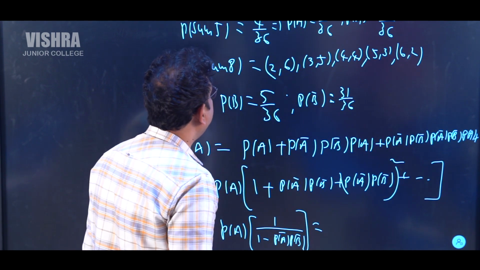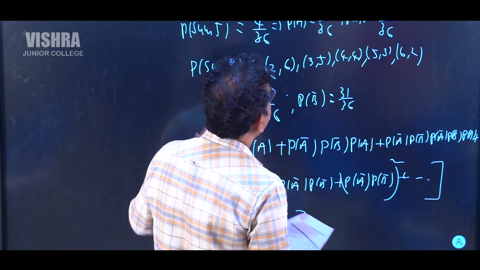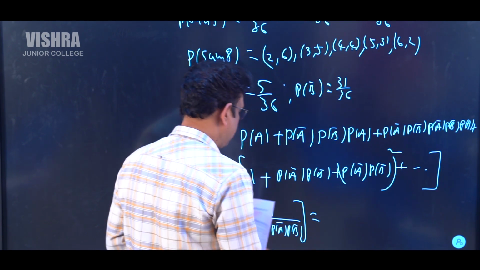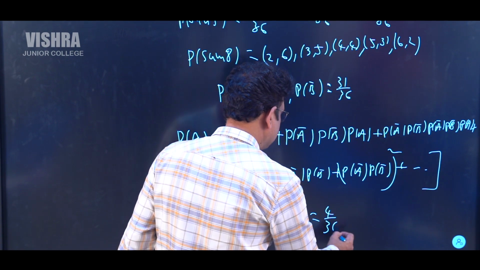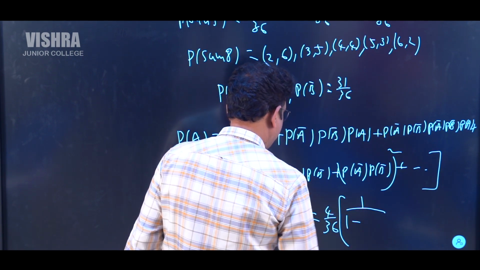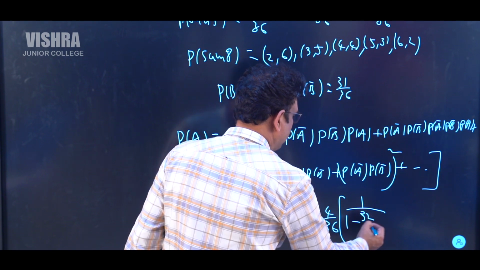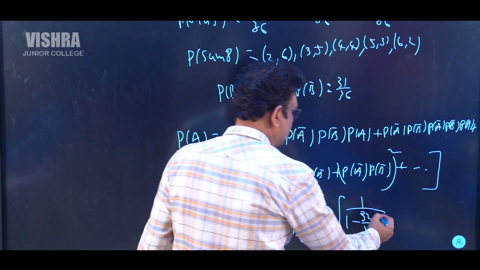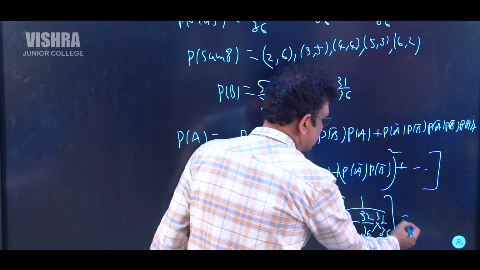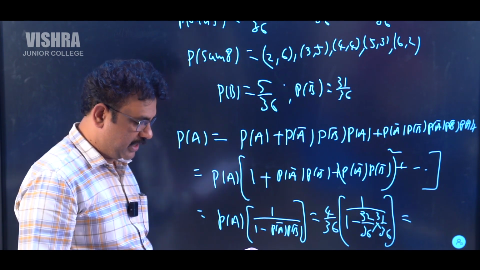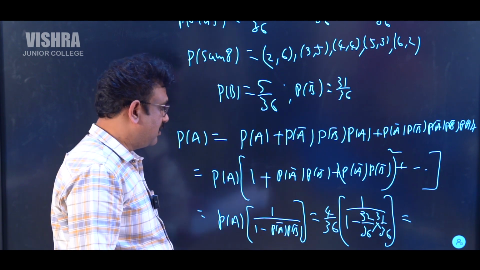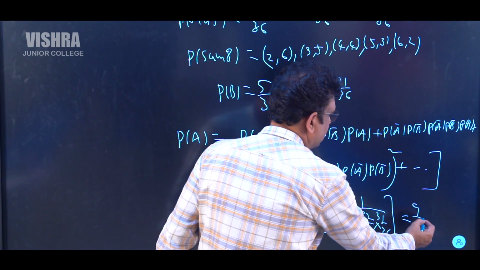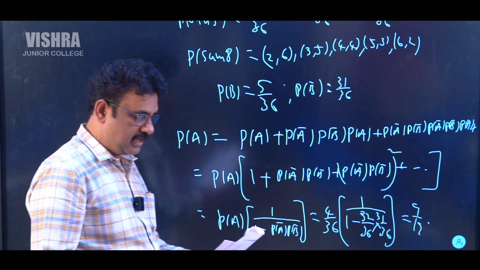P of A is equal to 4 by 36, so 4 by 36 into 1 by 1 minus 32 by 36 into 31 by 36. Now you can simplify, that is the required probability. The required value is 9 by 19. 9 by 19 is the correct option.